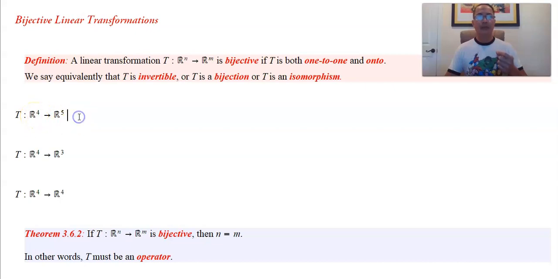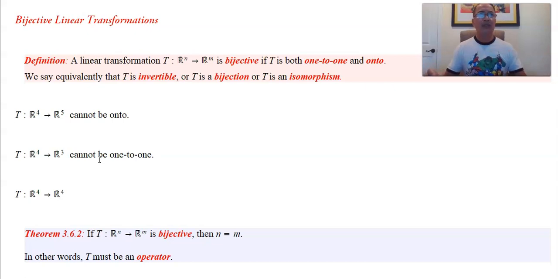So T cannot be onto. And now, what if you're going from R4 to R3? So this time you're going from bigger to smaller, and that transformation cannot be one-to-one.